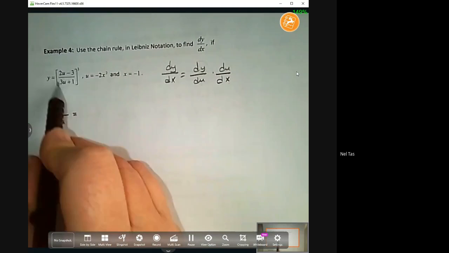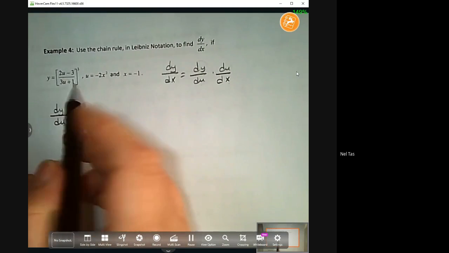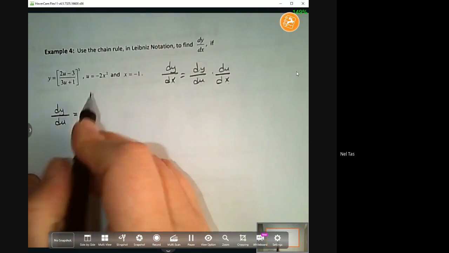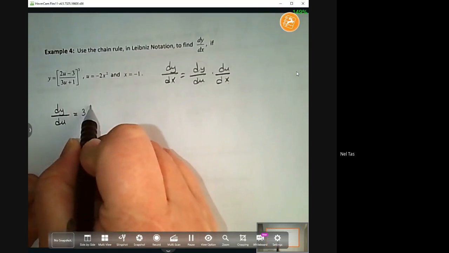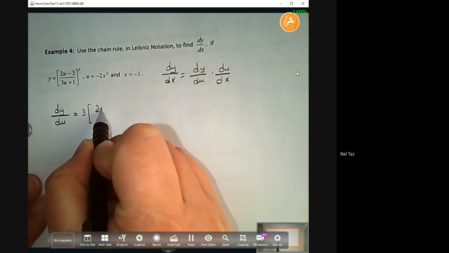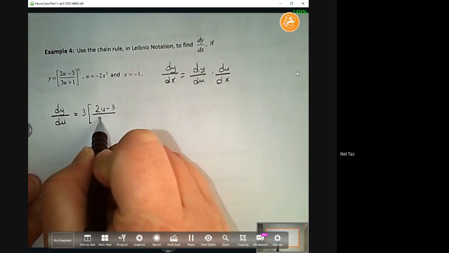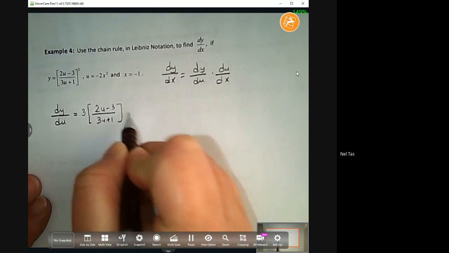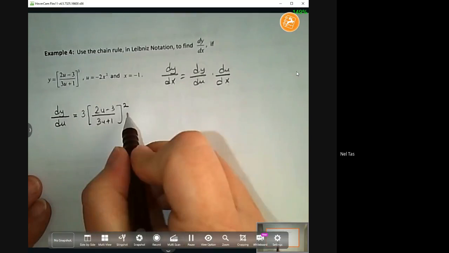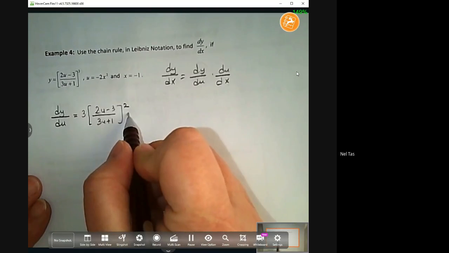Okay, so this is y. So take the exponent, put it in front as a coefficient. Keep the bracket as it is. Decrease the exponent by 1. So 3 minus 1 gives you 2. Times derivative of inside.